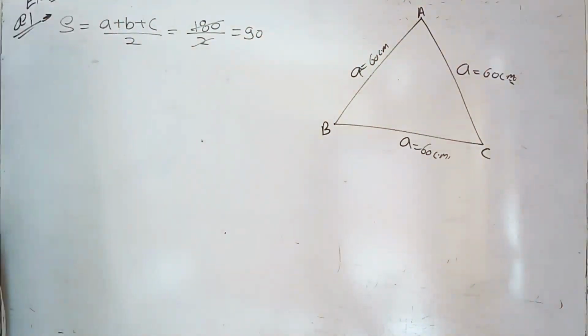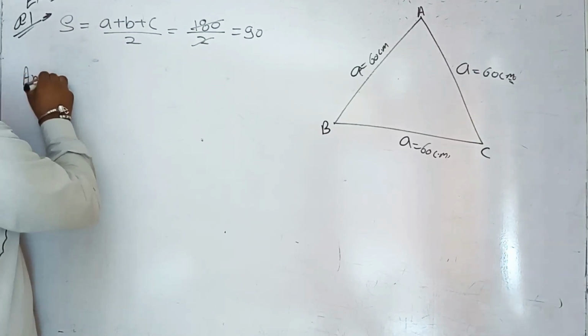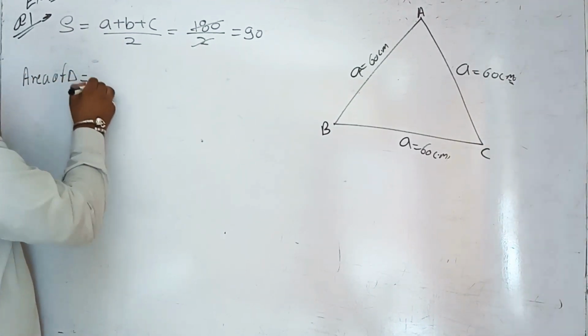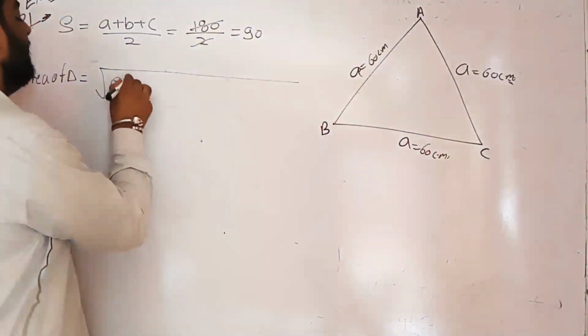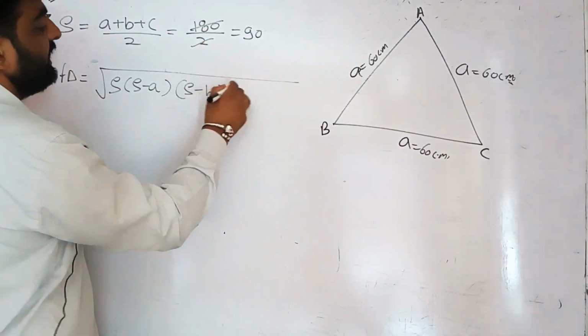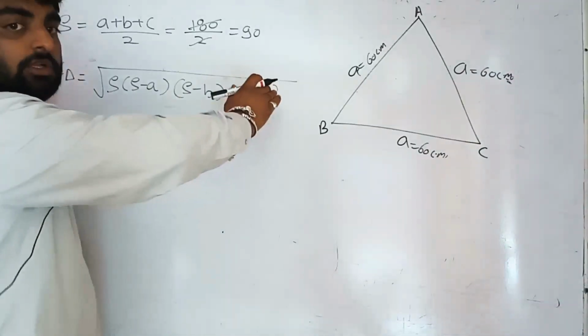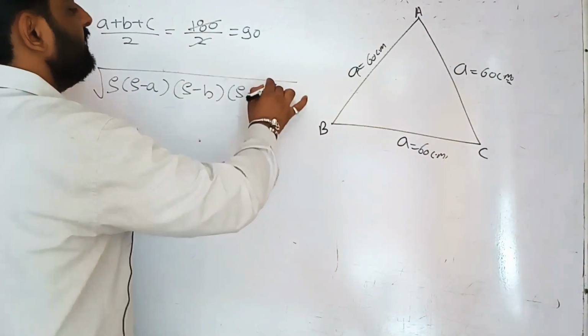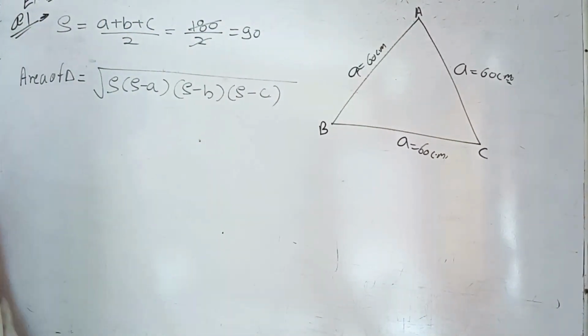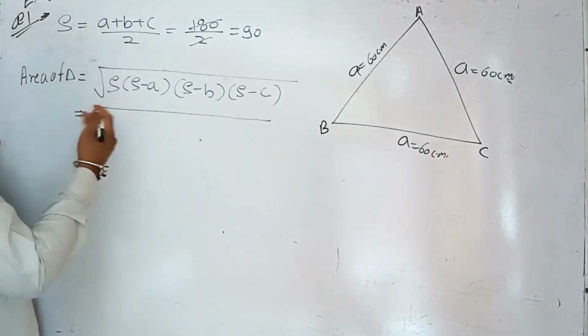The area of the triangle equals under root s into s minus a, s minus b and s minus c, students. So we have to put the values of a, b, c there.